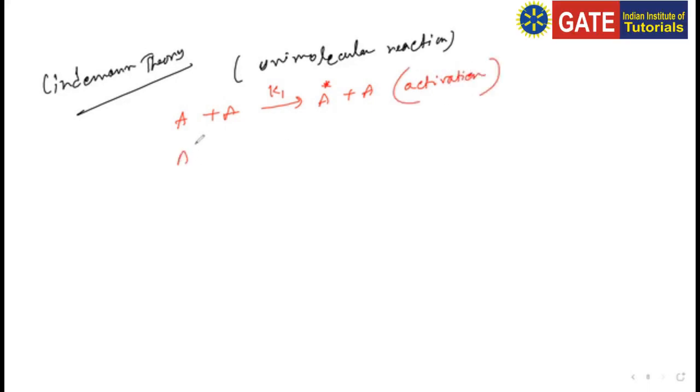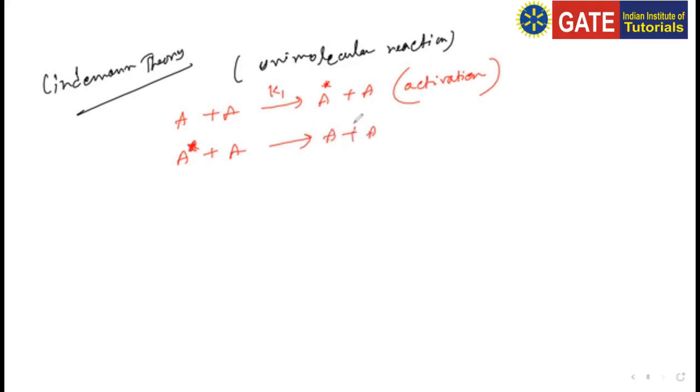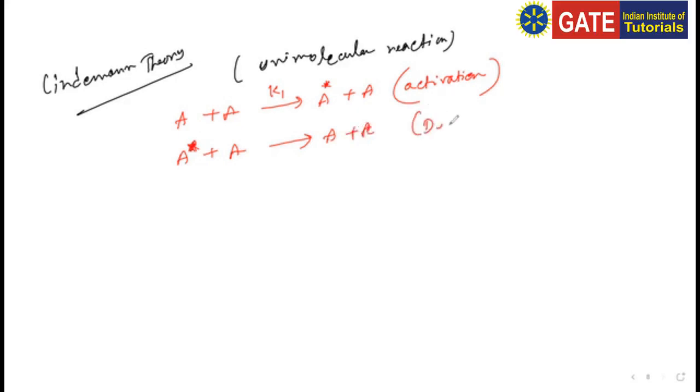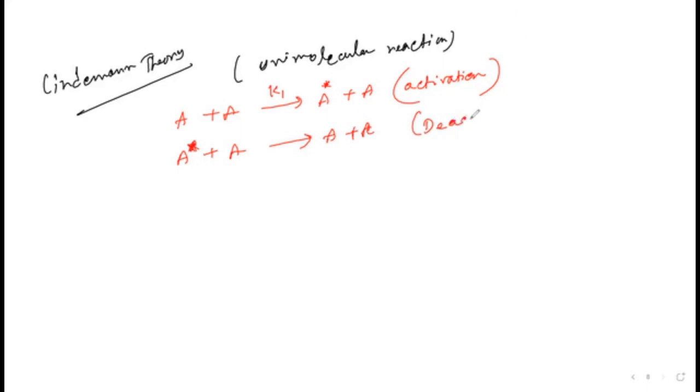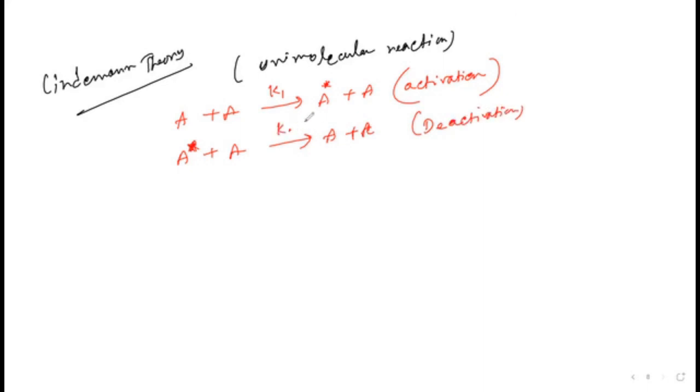A star again reacting with A providing A plus A. This is called the deactivation step. This is K2.